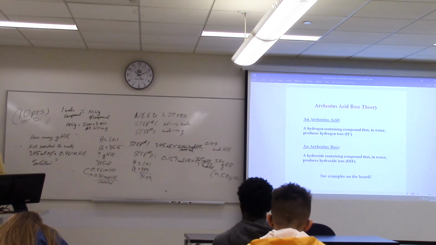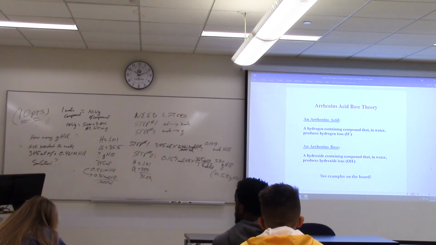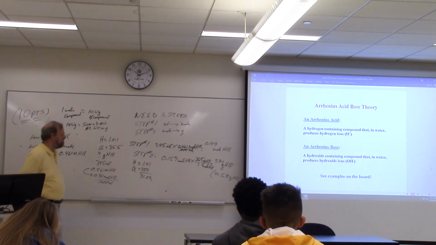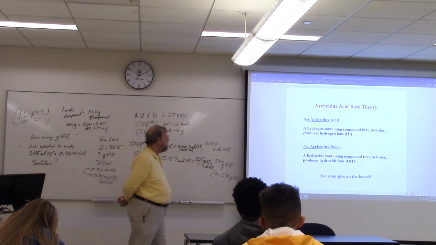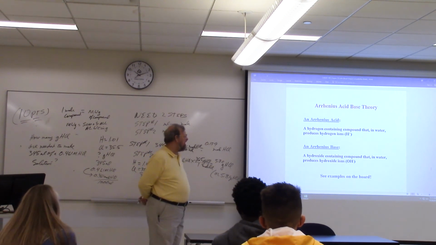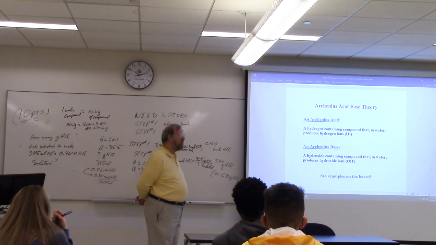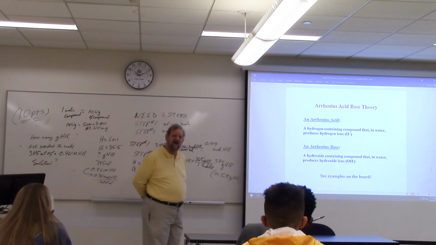All right, listen up. Do not write down what's on this page. Do not. But the first person to answer that question was the chemist Arrhenius, and his acid-base theory was an Arrhenius acid is a hydrogen-containing compound that in water produces hydrogen ions.